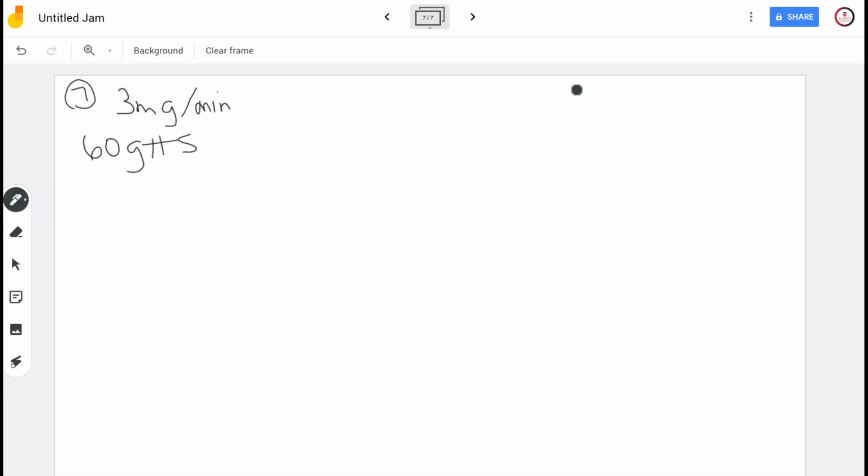So, if you look at the bag, it is 4 milligrams per milliliter. So this is your dose on hand. This is your desired dose. Super simple. So you're going to put your desired dose over dose on hand times your microdrip.